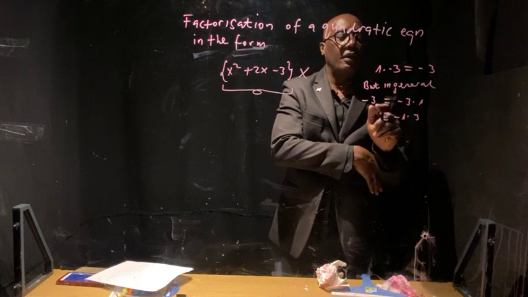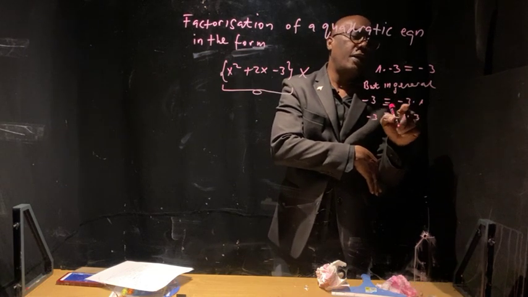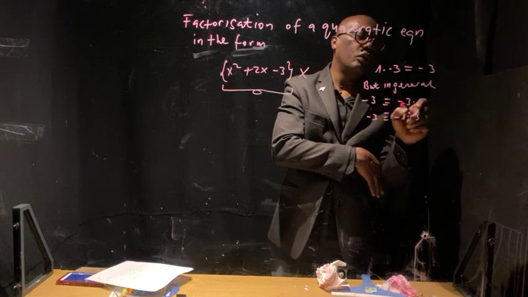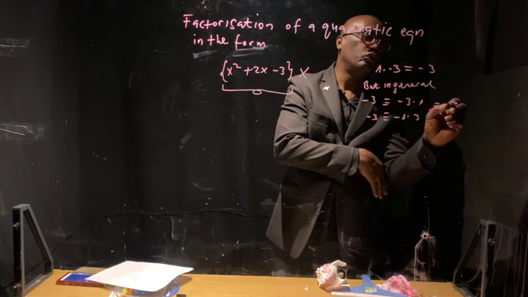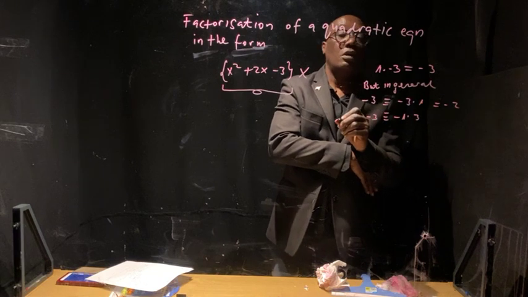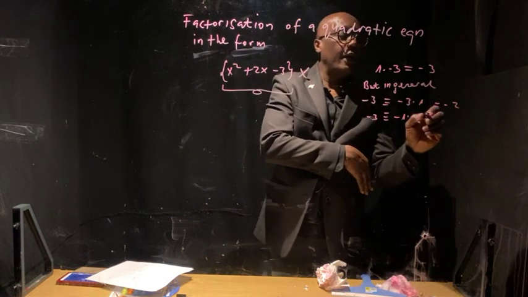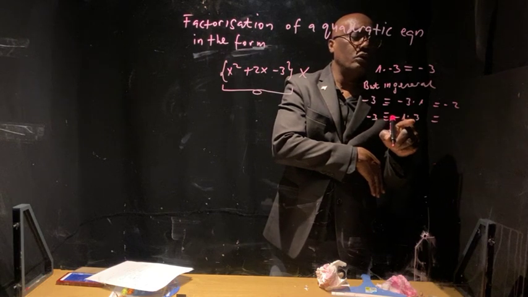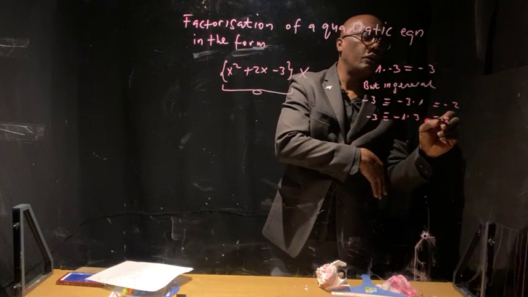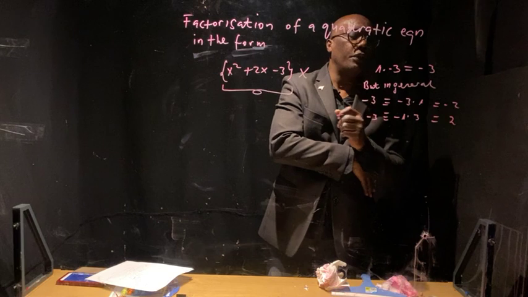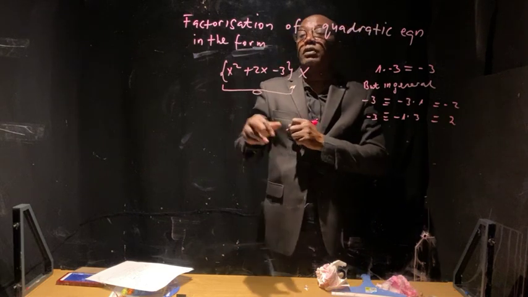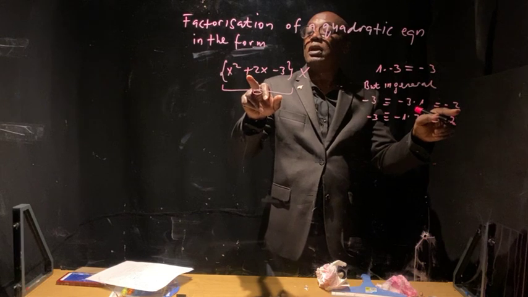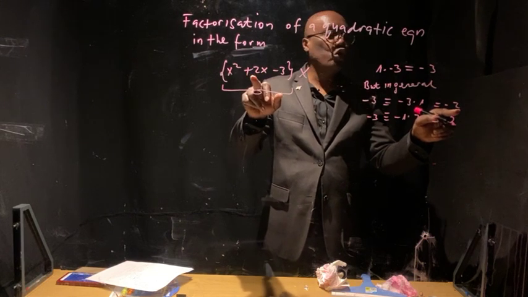If I add minus 3 to 1, I'll have minus 2. If I add minus 1 to plus 3, I'll have 2. Then I compare. Is the coefficient of x minus 2? No. The coefficient of x is plus 2.